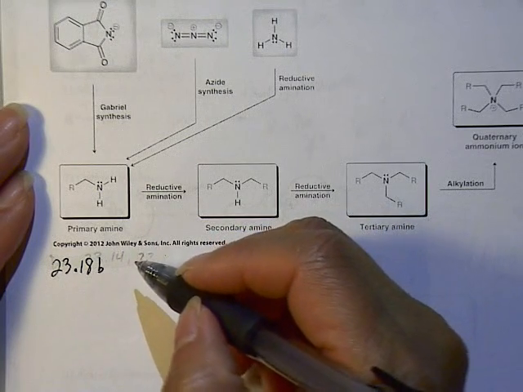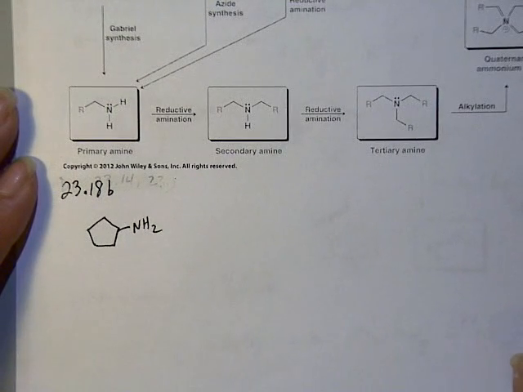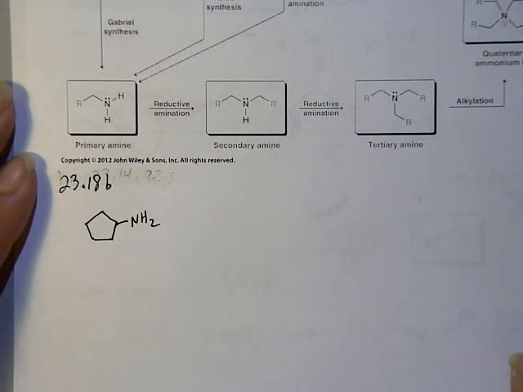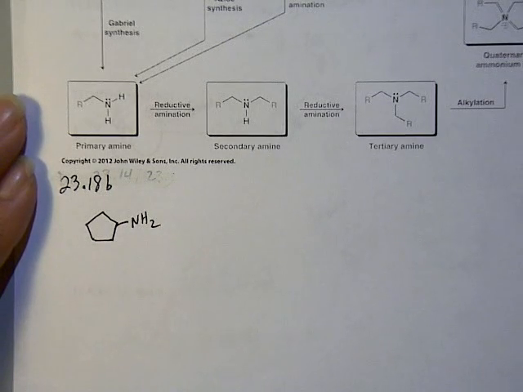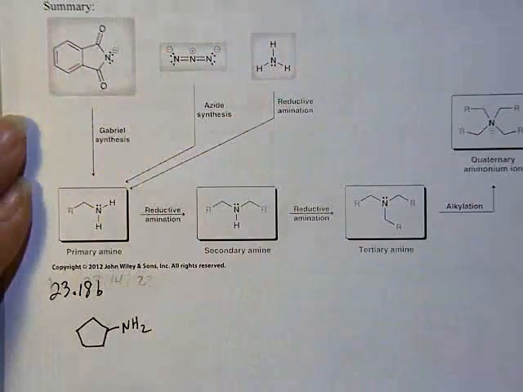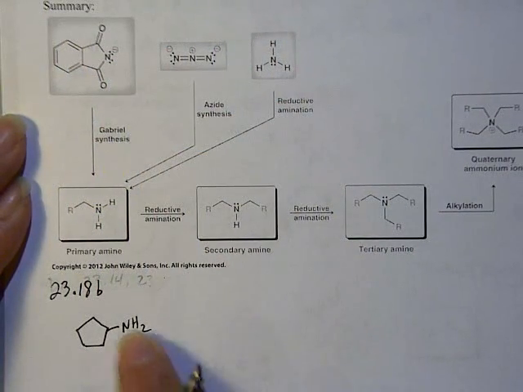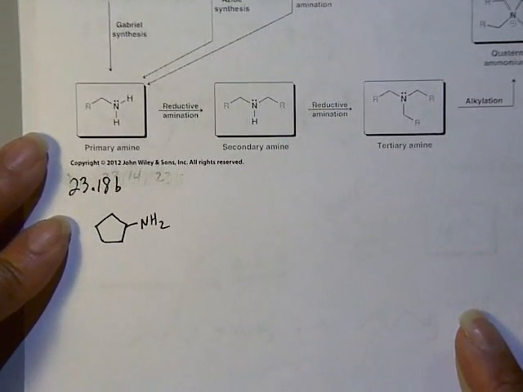23.1ab, in which it asks you to synthesize this amine using the reductive amination reaction. All right, so once again, this is the product, and when you're faced with producing an amine, you could choose one of these three, and this is a primary amine, so you could potentially use Gabriel or azide or reductive amination, but this problem specifically asks you to do reductive amination.